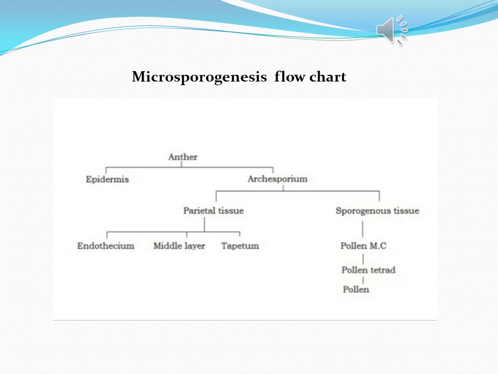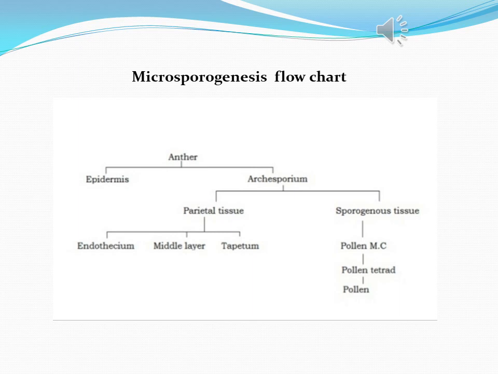This archisporium later divides and forms the outer primary parietal cells and inner primary sporogenous cells. Okay, I am repeating again. Epidermis is covered by parenchymatous cells, which give rise to archisporial cells. Later these cells divide and give the outer primary parietal cells and inner primary sporogenous tissue.